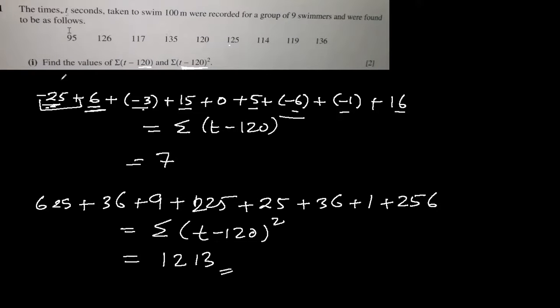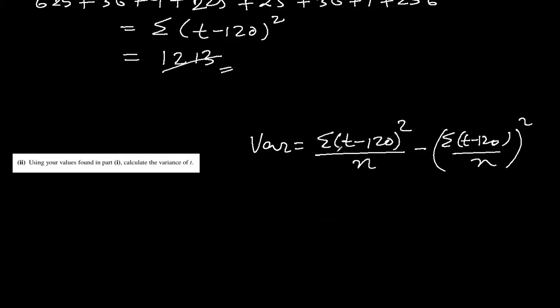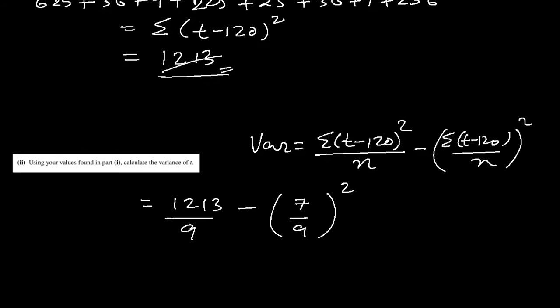Let's count them. 1, 2, 3, 4, 5, 6, 7, 8, 9. They are 9. So we have the values of both of them, so we'll use 1213 and 7. So this is equal to 1213 over 9 minus, we got sigma (t − 120) as 7, over 9, squared.